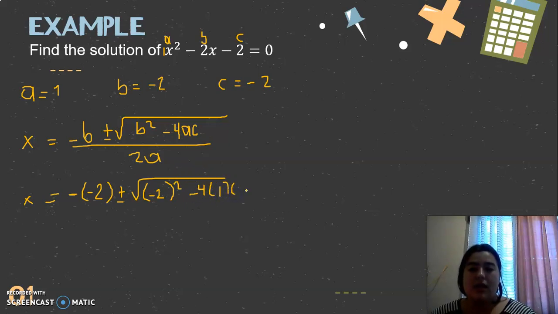And the value for c is negative 2. Then all divided by 2, and the value for a is 1.